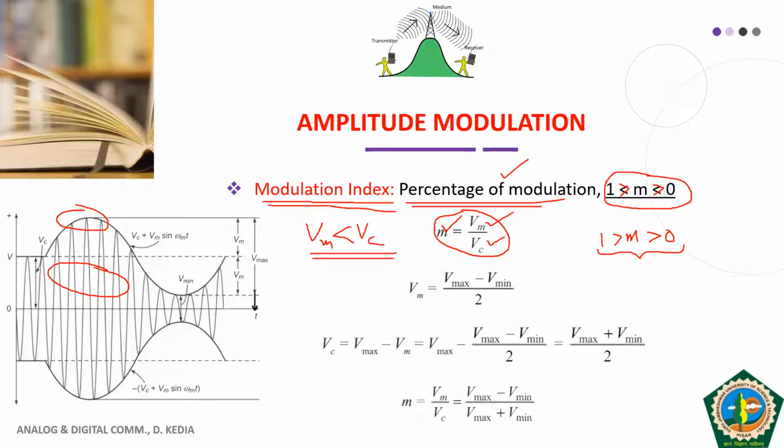For practical purposes, the amplitude of the modulating signal has to be less than the carrier. The amplitude of the modulating signal cannot be more than the amplitude of the carrier, and that is understandable because the purpose of the carrier is to carry the information signal. How can we carry something which is bigger than the carrier? So your information signal or modulating signal cannot be larger than your carrier.